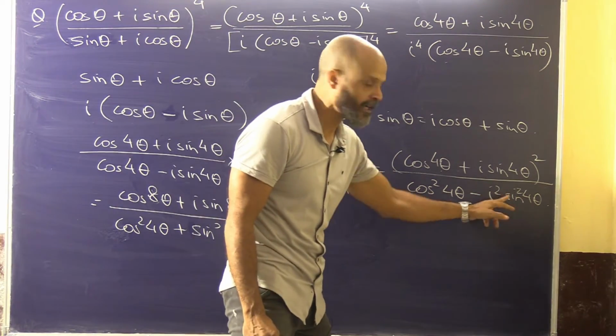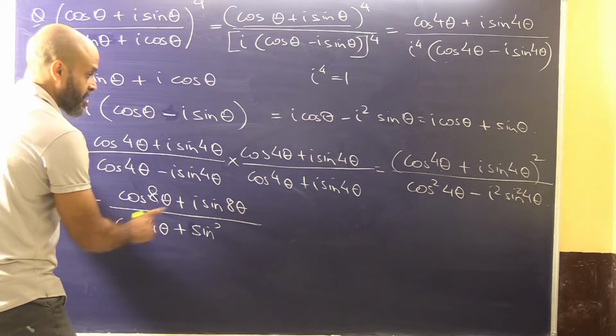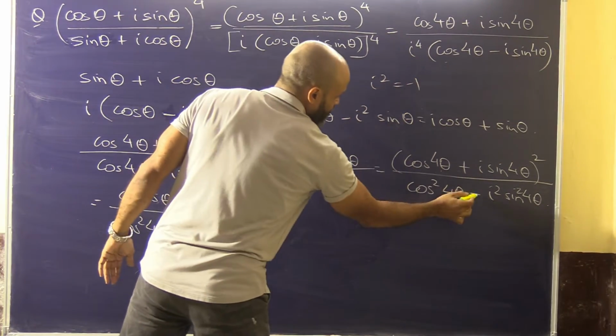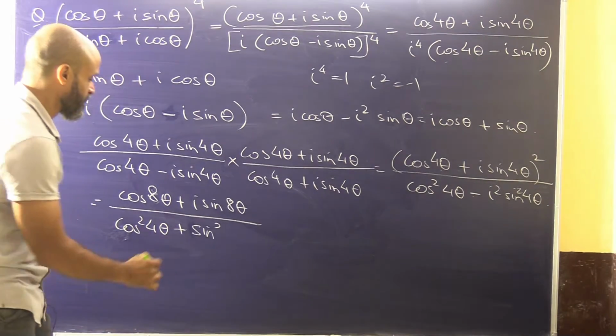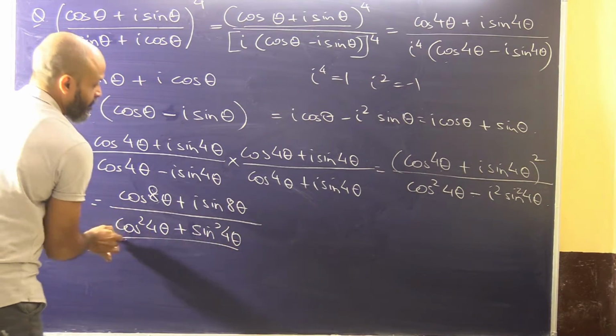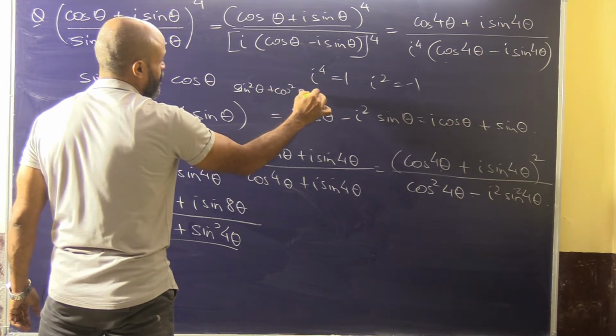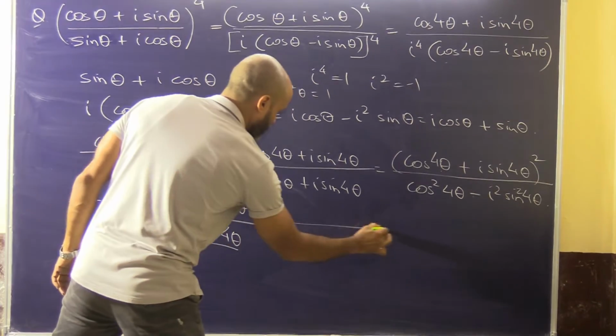So this will be a square minus b square. Minus i square is minus 1, so this minus and this minus becomes plus sin square 4 theta. Now we know that sin square theta plus cos square theta is equal to 1. So the denominator part will become 1.